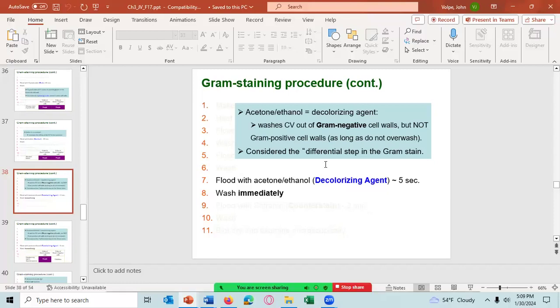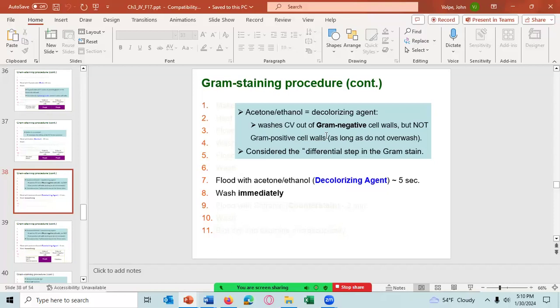The decolorizing agent washes out the crystal violet from the gram-negative cells, but not from the gram-positive cell walls. They are thicker in their peptidoglycan layer, and so they are able to retain the crystal violet as long as you apply the decolorizing agent for the correct amount of time.